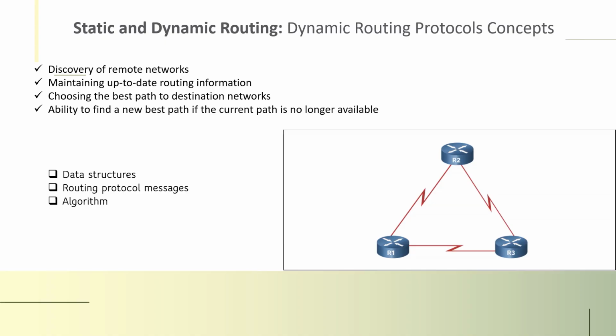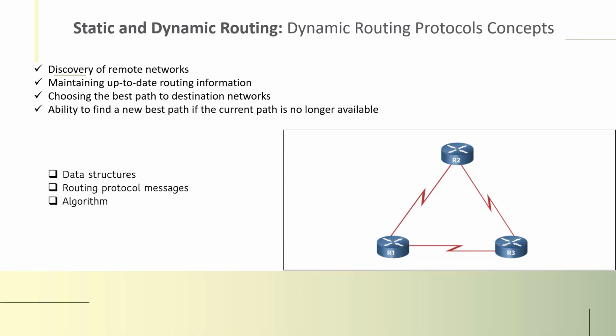And we have the routing protocol messages, where the routing protocol uses various types of messages to discover neighbor routers, exchange route information, and other tasks to learn and maintain accurate information about the network. And as for algorithm, it is a finite list of steps used to accomplish a task, where the routing protocol uses algorithms for facilitating routing information and for the best path determination.